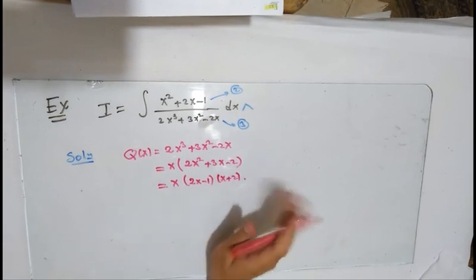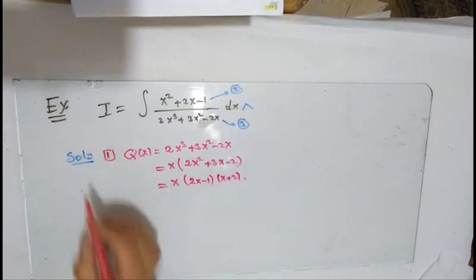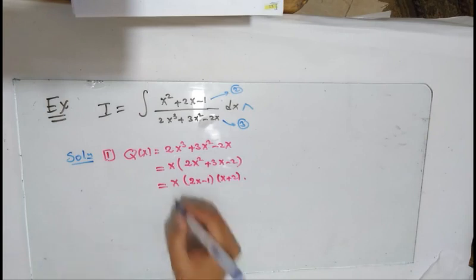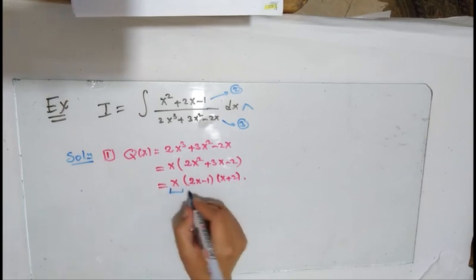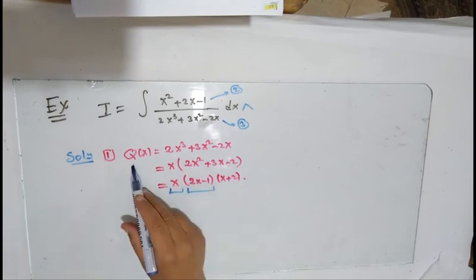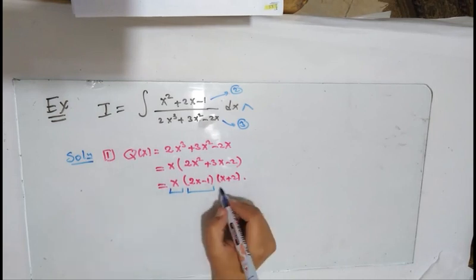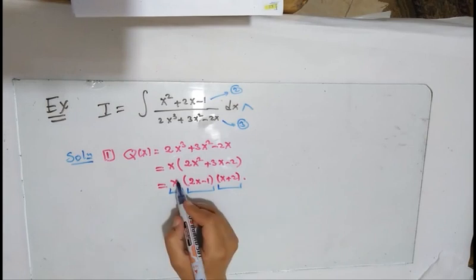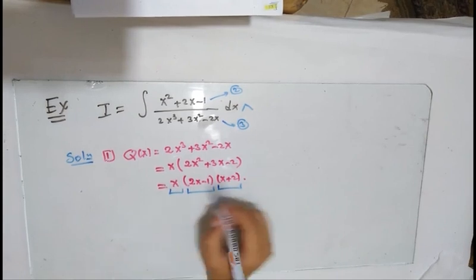Now we're done with the first step. So now we factorize q of x into linear factors, and this is the first case, where your denominator is factorized into distinct linear factors. All of them will be with power 1.